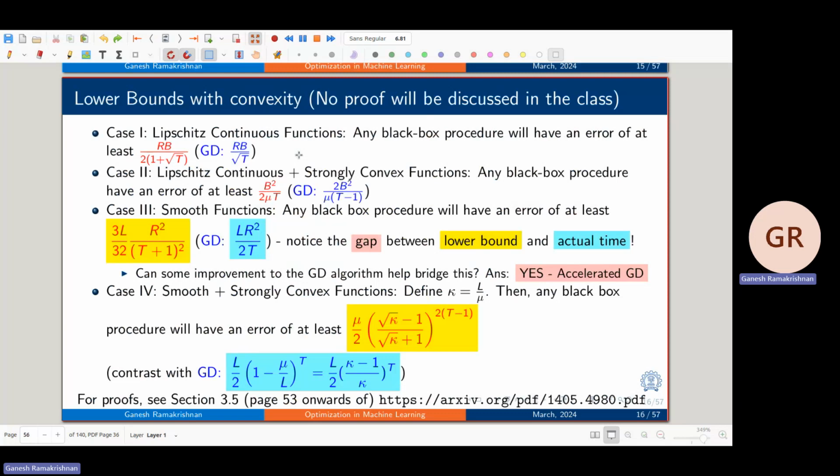So the question is, can some improvement to the gradient descent algorithm help bridge this gap? And that is our answer. Yes, accelerated gradient descent brings them together. Okay. Smooth plus strongly convex functions.